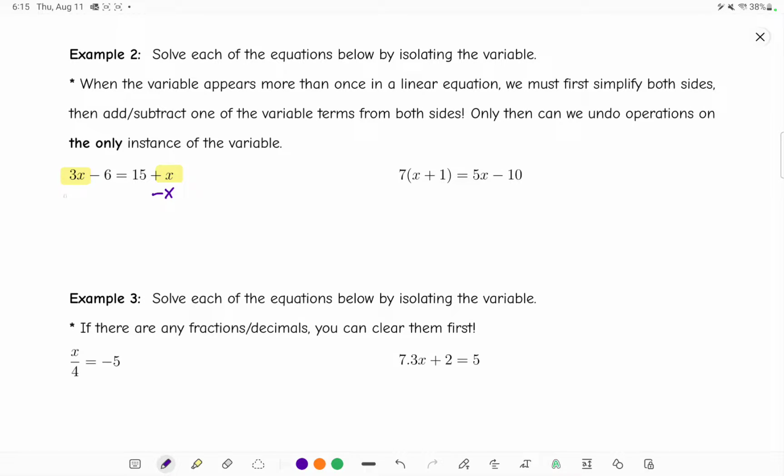But whatever you do to one side, you must do to the other side. So 3x minus x is 2x. Then nothing happens to that, so minus 6 equals 15, and then the x minus x cancels out. Now that there is only one variable, we work on isolating it. So we add 6 first.